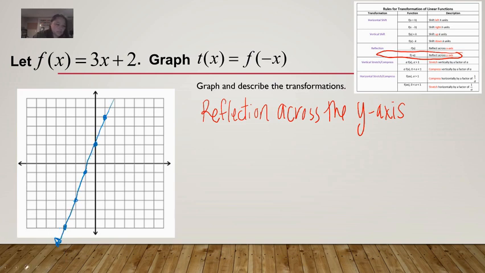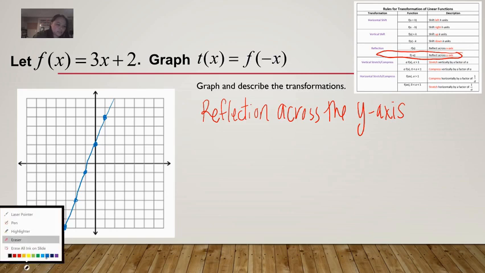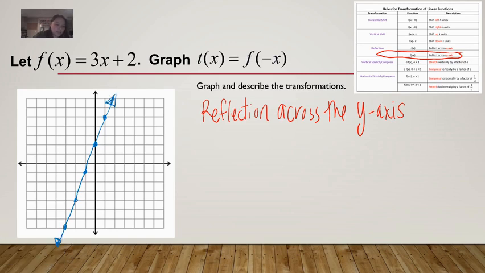All right, that works. Okay, so here's my arrowhead. All right, so that is f of x equals 3x plus 2. I'm just labeling that. Now we're going to reflect across the y-axis.